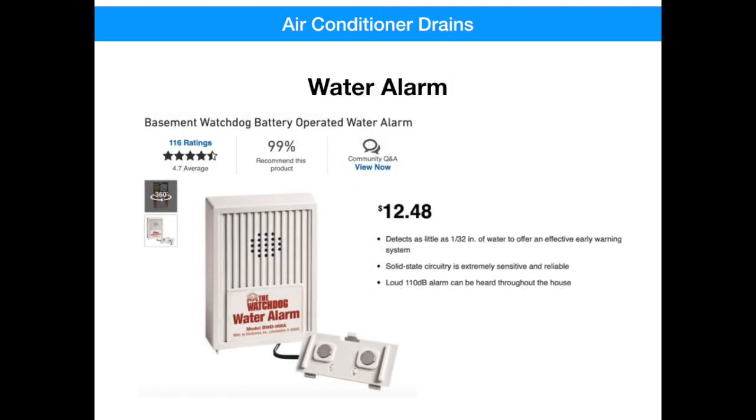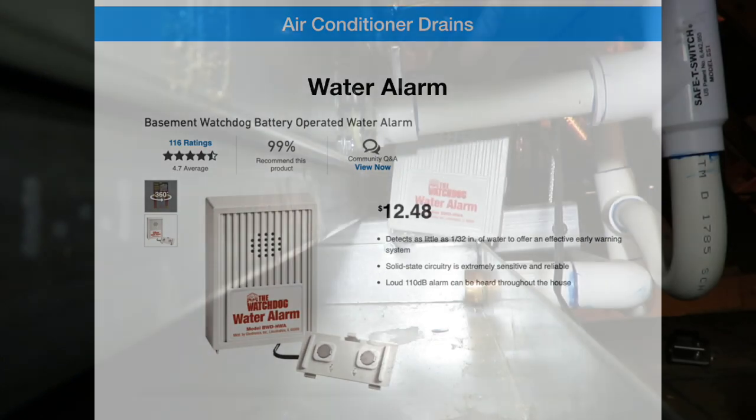A trick that I use to get immediate notification of any leaks is I have a water alarm. You can get them at Lowe's in the plumbing section. I have several of these throughout my house, behind the water heaters, water softeners, clothes dryers, and under sinks. They're cheap, reliable, loud, and a 9-volt battery will last for a year or more.